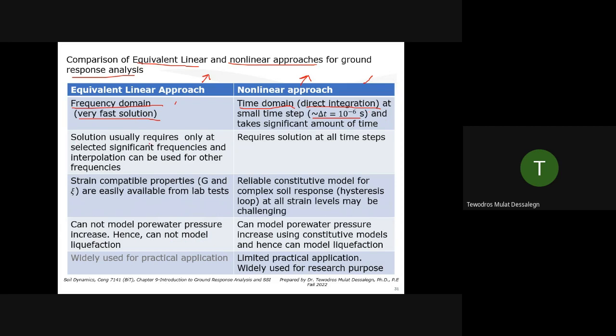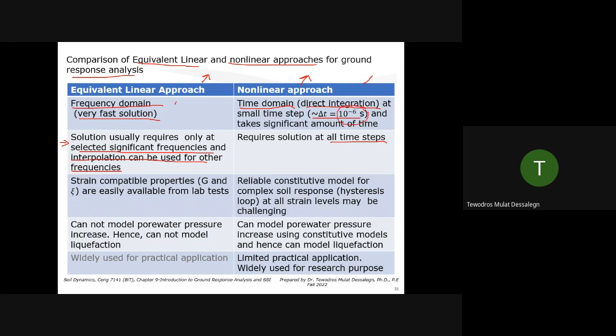The solution usually requires only selected significant frequencies, and interpolation can be used for other frequencies. That's in the frequency domain. That's why it's quicker. But the nonlinear approach, as in FLAC and Plaxis, requires solution at all time steps. You go from 0 to 30 seconds in the time history, if it is a 30-second duration, and that is at 10 raised to minus 6.